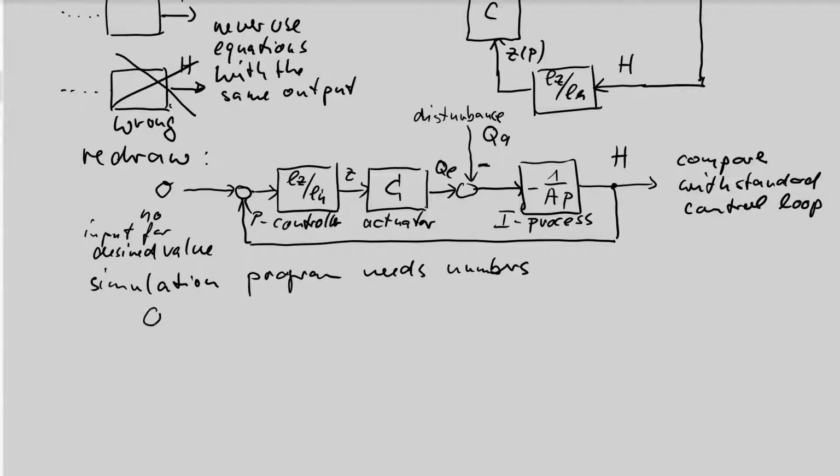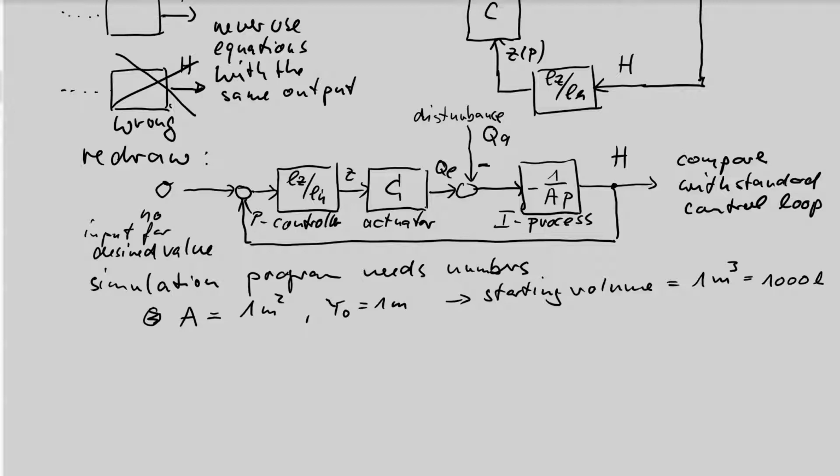The area A should be 1 square meter. The original height should be 1 meter. So you see, starting volume is 1 cubic meter, or because we also have the volume dimension liter, 1 cubic meter is 1000 liters.